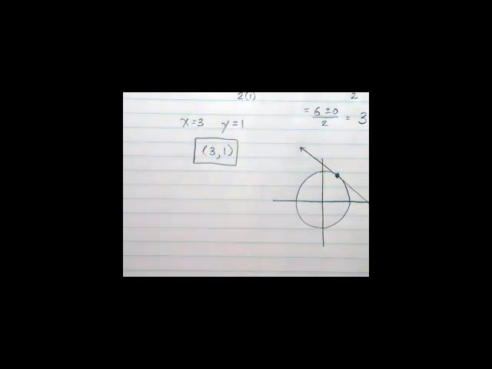Usually, with a circle and a line, you're going to have how many solutions? Probably 2, because if that line went right through the middle of the circle, you'd have 2, right? Now you could also have how many? You could have 0, because that line and that circle might never cross.